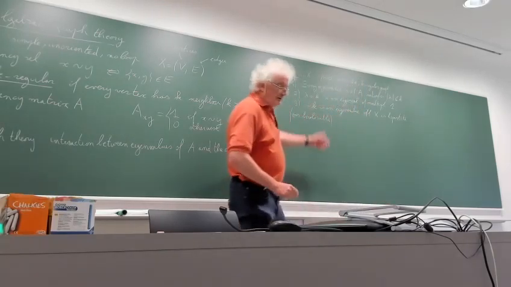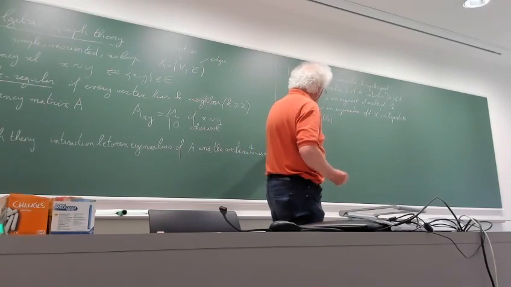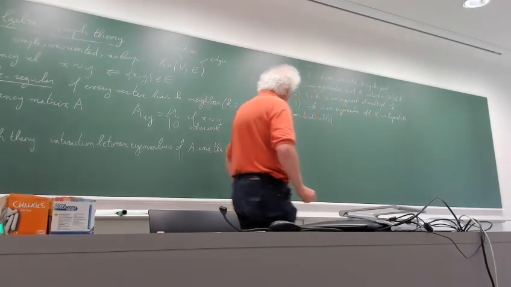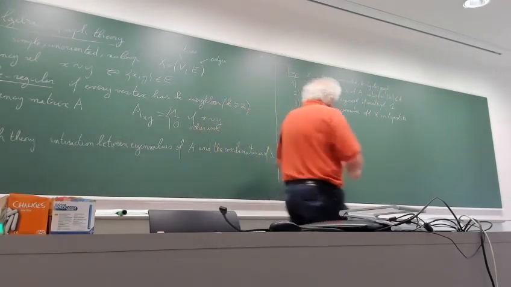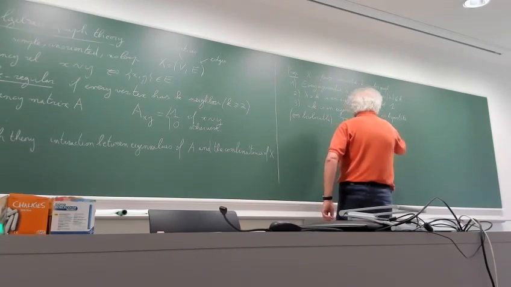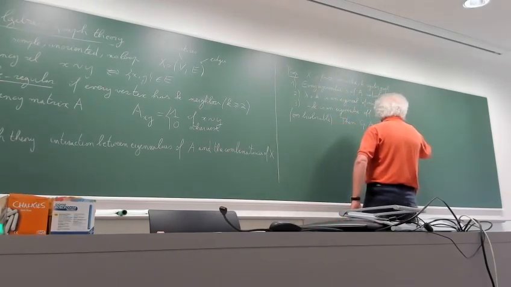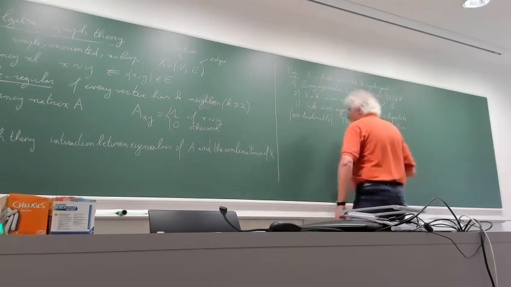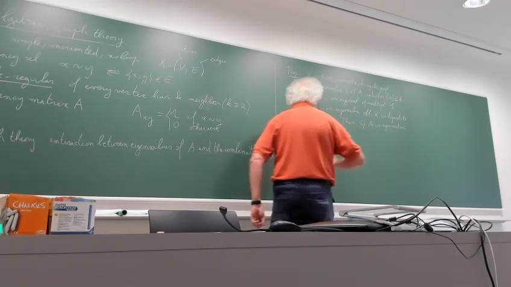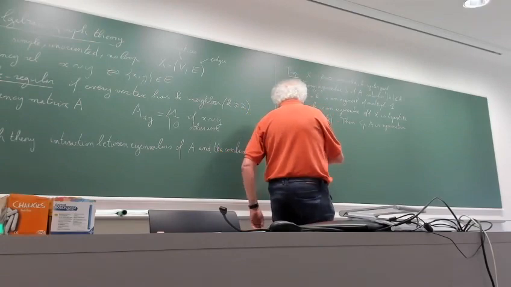You may color it in two colors so that adjacent vertices will not have the same color. And in that case, the set of eigenvalues, the spectrum of A, is symmetric with respect to 0.